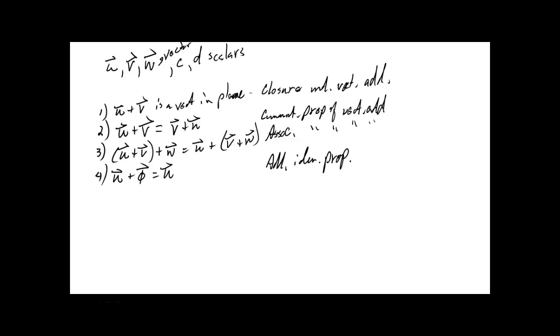The additive identity property. Now, almost sounds like the same, but it's a little different. If you have U plus a negative U, guess what you're going to get? The 0 vector, exactly. And that is the additive inverse property.